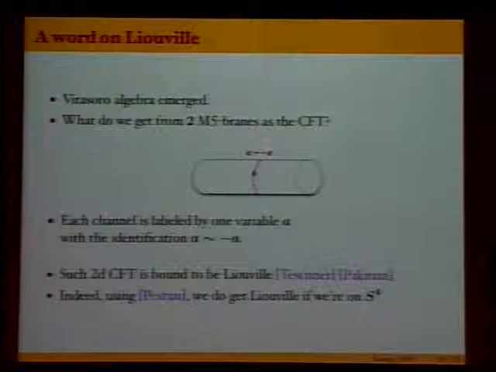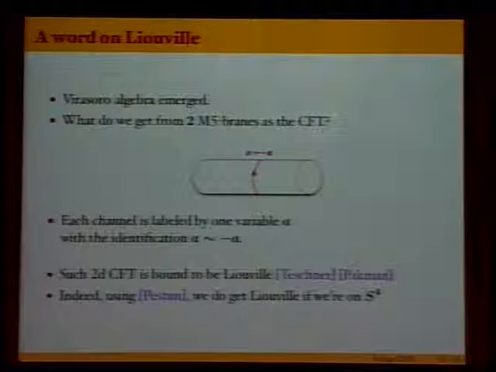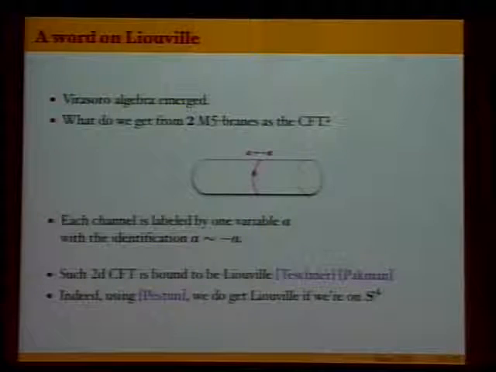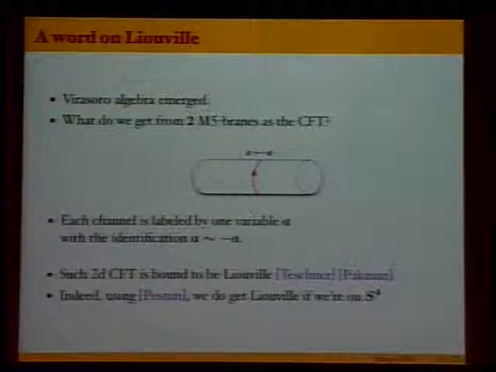Primary state should be labeled by the gauge theory variable A, which is the vacuum expectation value of the diagonal of the gauge scalar in the gauge multiplet. But of course, there's a Weyl symmetry relating A and minus A. So the CFT you should get should be such that its primary field is parameterized by one variable under this identification, A going to minus A.